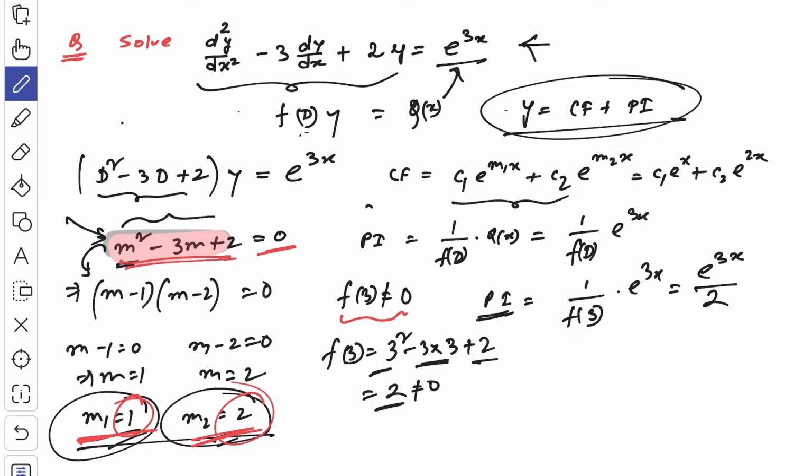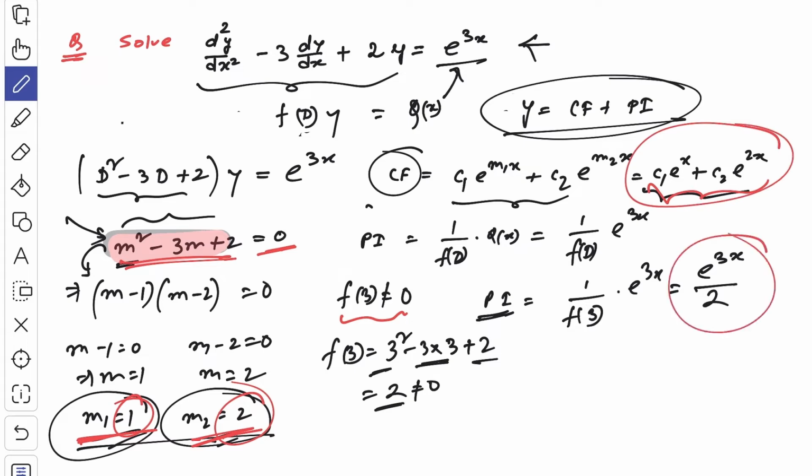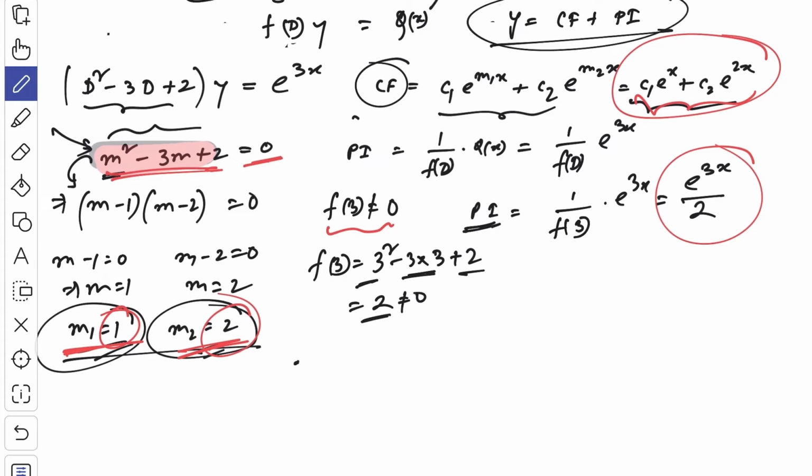So we have got CF and we have got PI. Therefore the solution is given by y is equal to CF plus PI.